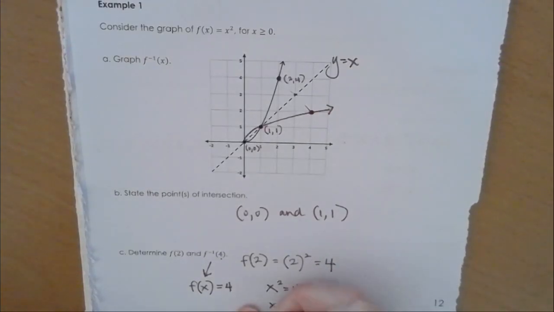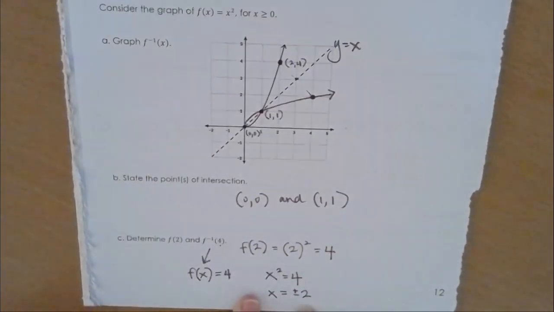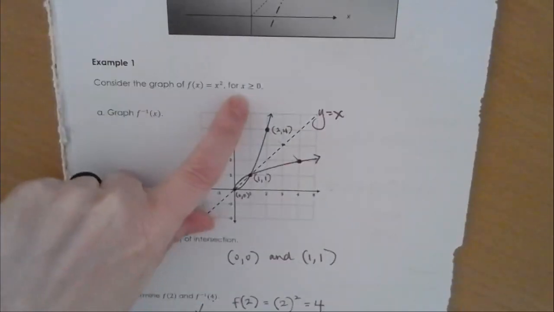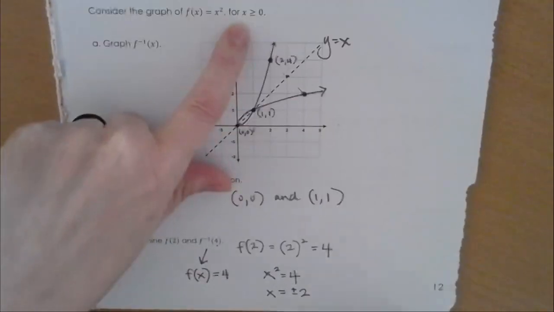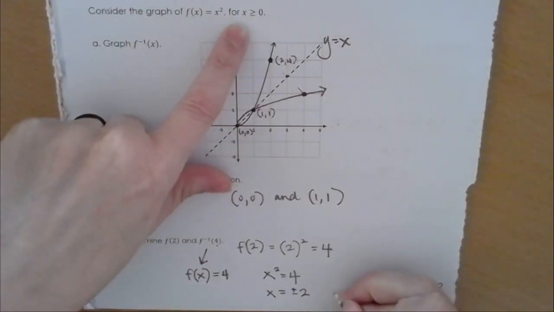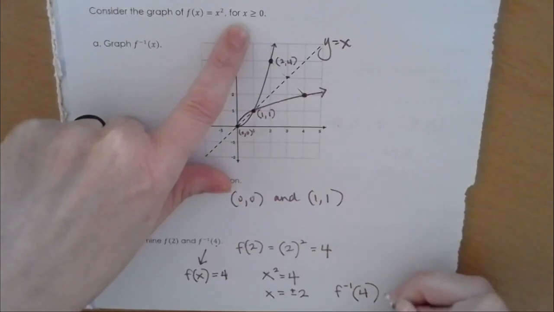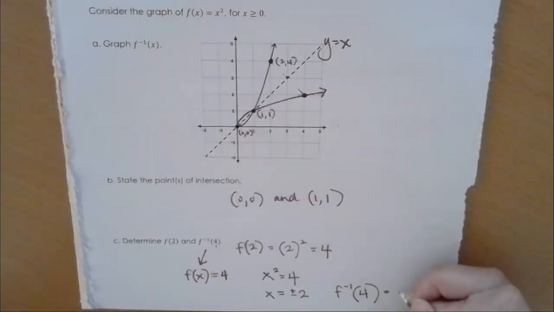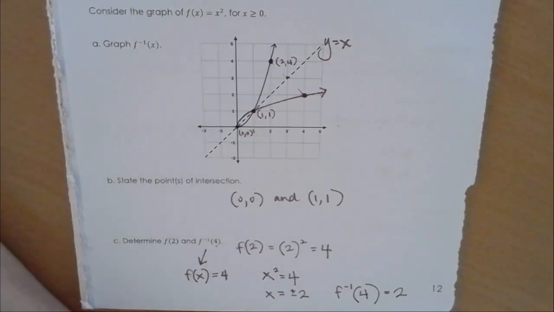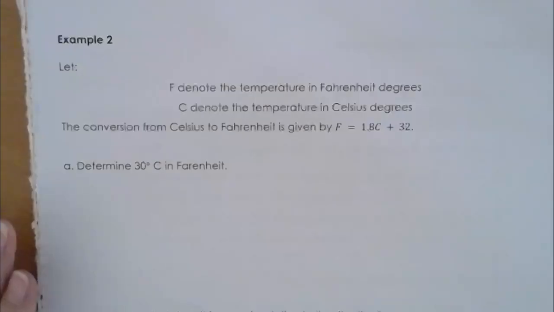If I take the square root of both sides, I get plus or minus 2. But remember, we're only using the positives. We're doing greater than or equal to 0. So my f inverse of 4 would be equal to the positive 2. Like I said, we already did it technically above, but that's how you would work it out.